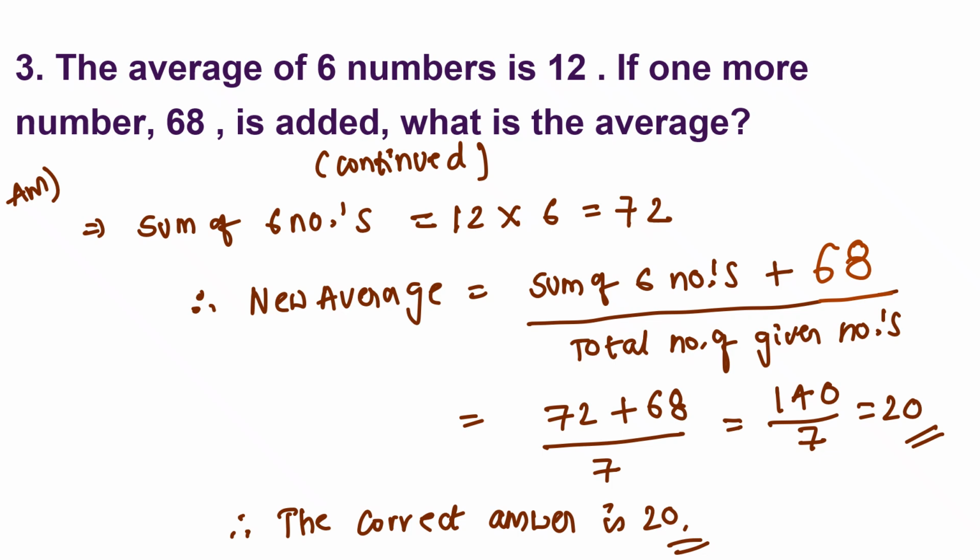Therefore, new average is equal to sum of 6 numbers plus 68 divided by total number of given numbers, which is equal to 72 plus 68 divided by 7, which is equal to 140 by 7, which is equal to 20. Therefore, the correct answer is 20.